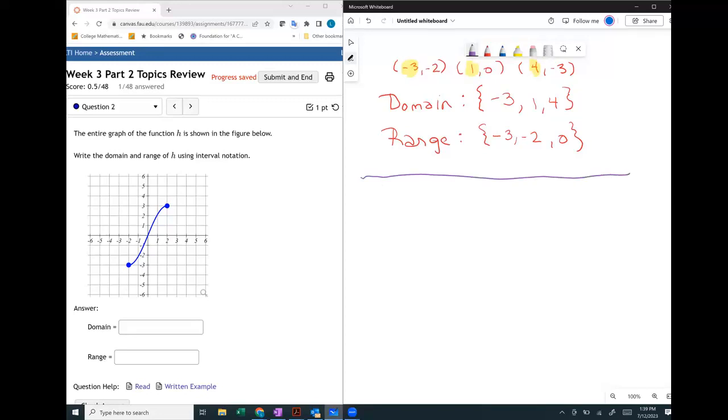So we see the difference, hopefully, between the last problem, which just had 3 dots. This is called a continuous function. So if I want to know what the domain is, I'm going to put it in interval notation because I can't really name every point, but I can tell you the beginning, I can tell you the end, and then I'm going to include everything in between, which is why I need interval notation.